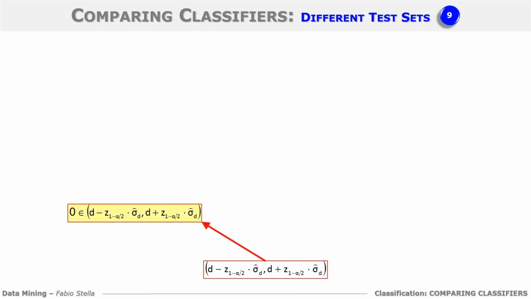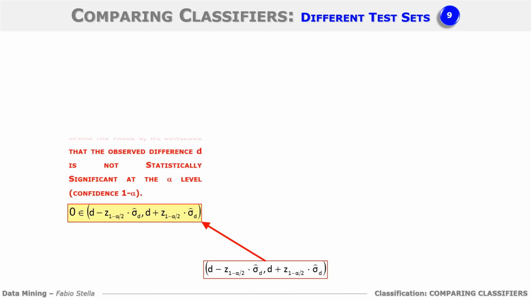In the first case, the following condition holds. 0 belongs to the confidence interval that we have computed. If the confidence interval spans the value 0, we conclude that the observed difference d between the error rates of the first and the second classifier is not statistically significant at the alpha level or with confidence equal to 1 minus alpha.